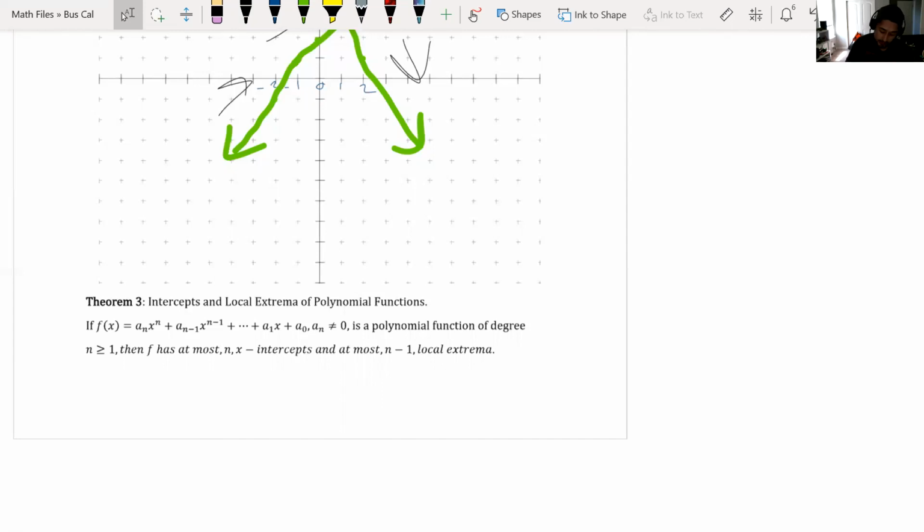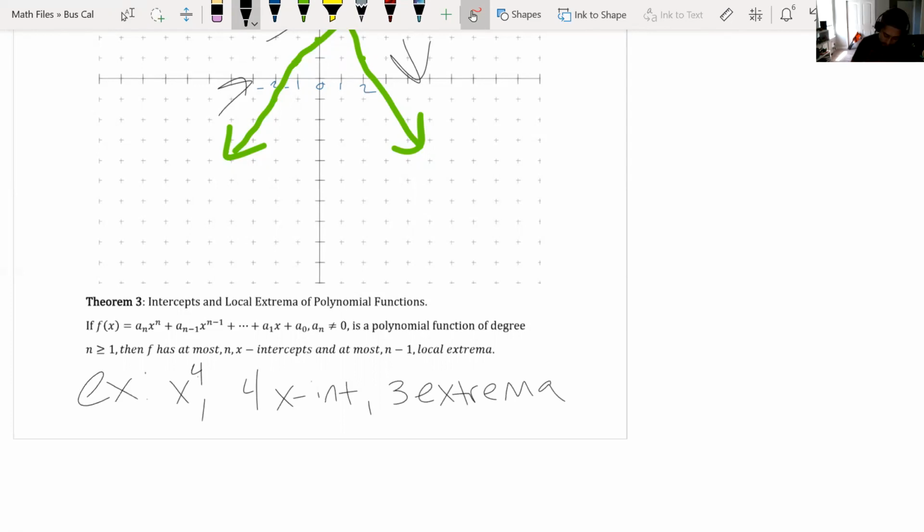So if my polynomial was x to the fourth, this means I would have 4 x-intercepts and 3 extrema. That's all that means. So if my degree is 4, I should possibly have 4 x-intercepts, and I should possibly have 3 maxes or mins, 3 maxes, 3 mins, or 3 maxes and mins.